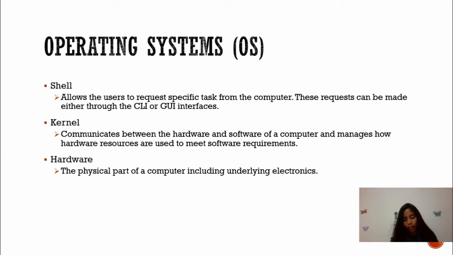The portion that interfaces with applications and the user is known as the shell. The kernel communicates between the hardware and the software of a computer and manages how hardware resources are used to meet software requirements. The portion of the OS that interacts directly with the computer hardware is also called the kernel.